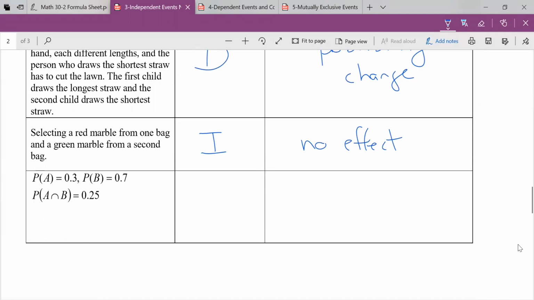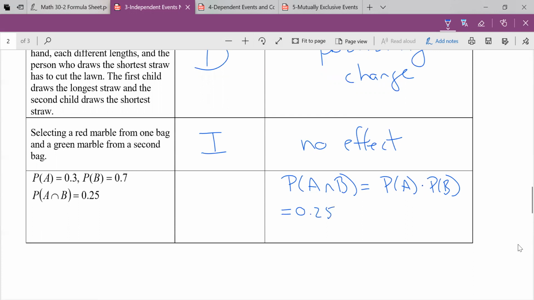there's just numbers. Okay, well, how do I tell if this is independent or dependent? Well, what we're going to do is our test for independence. And all the test is this, the formula for independence. Does the left-hand side equal the right-hand side? Well, this one here says P(A and B) is 0.25.